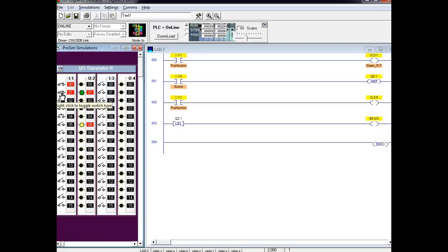Now, what would happen if I skip over from 1 to 3? Well, it's not going to scan that input anymore. It's not going to scan rung 2 anymore. Now watch this. It's on. I'm going to come over here and turn switch 1 off. Here comes switch 1. I'm going to turn it off. Well, what happened to the light?